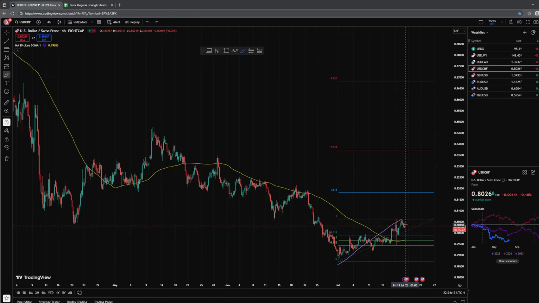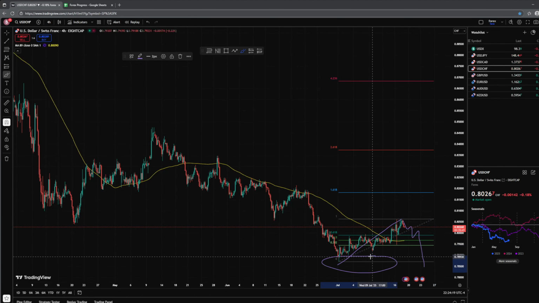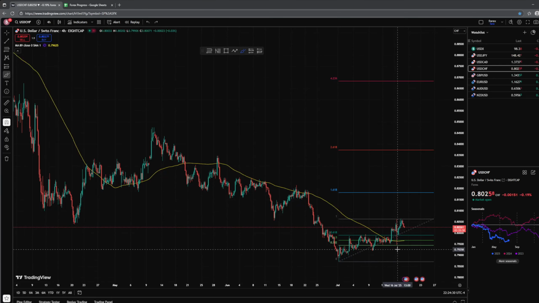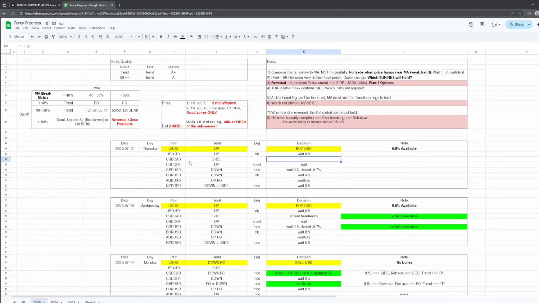When the leg size is too small and the market retraces, the new local minimum or maximum could be taken out, right? That's why we don't like to trade when leg size is too small. That's the case here, so we're going to wait on USD Swiss franc. Let's write it down: USD Swiss franc, even though the trend is up, leg size is small. That's why we're going to wait.